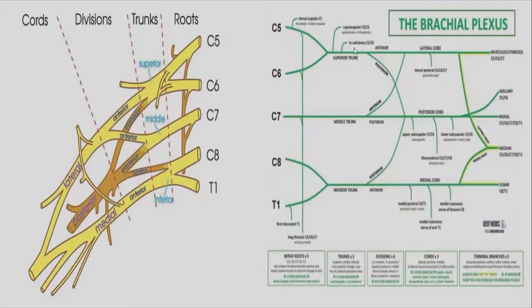Then when you go to the trunks, the only branches arising from the trunks come from the upper trunk. The middle trunk has no branches, and the lower trunk has no branches. But the upper trunk, or superior trunk, gives two nerves. Let me explain on this diagram.